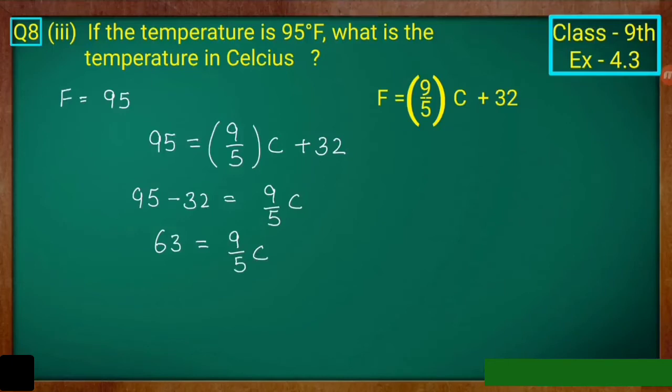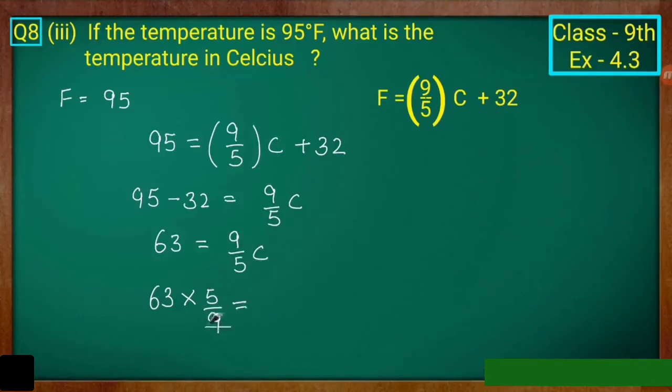63 equal to 9/5 C. Now C equal to, take the 9/5 on the other side. When we move it to the left side, we do its reciprocal. It becomes 5/9 equal to C. After the reciprocal of 9/5, it becomes 5/9.